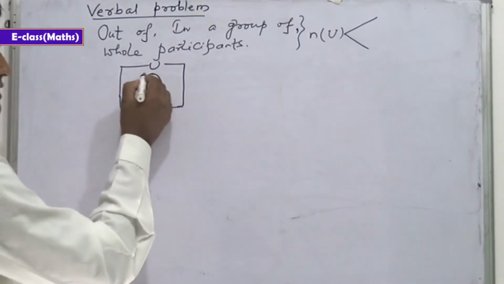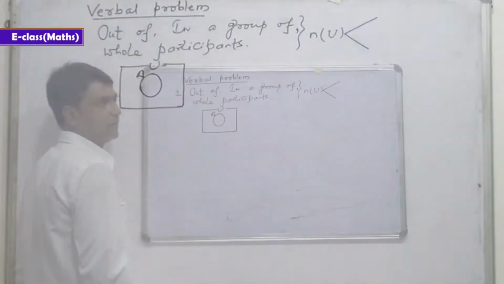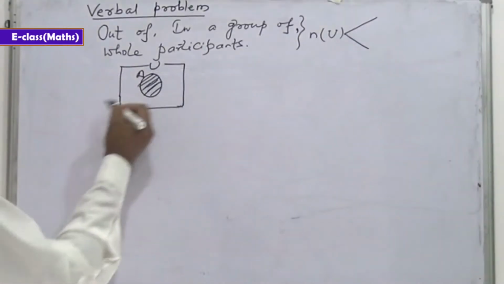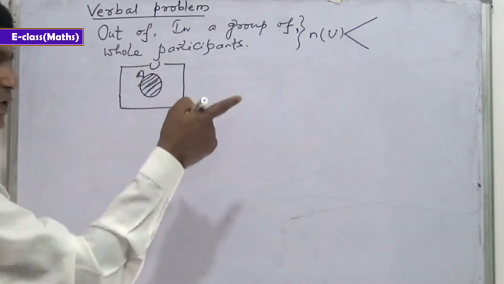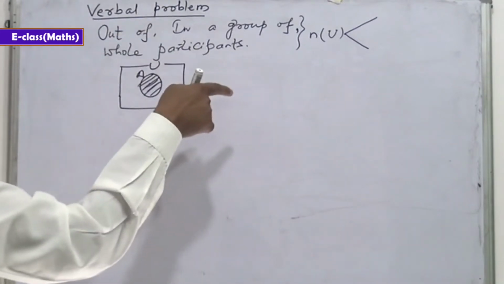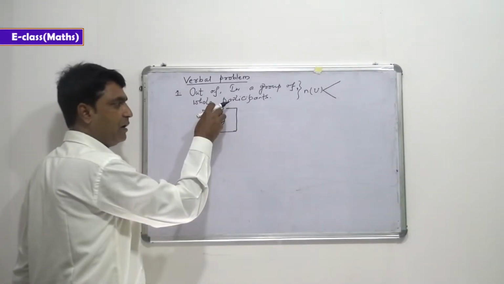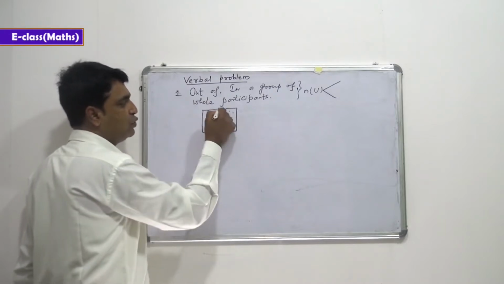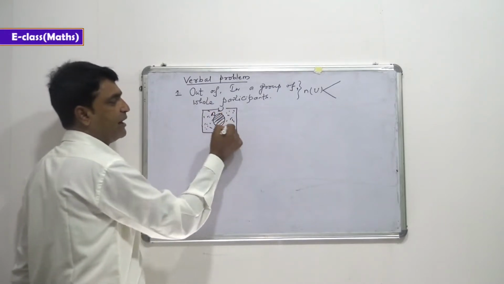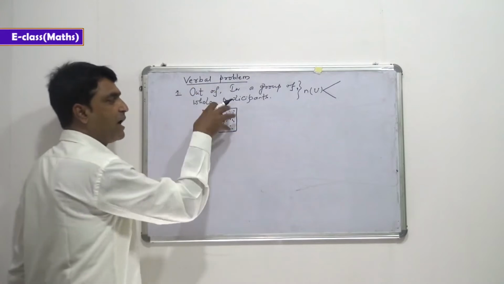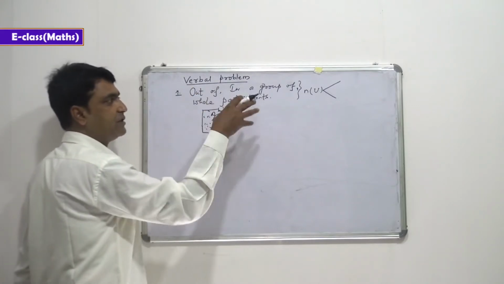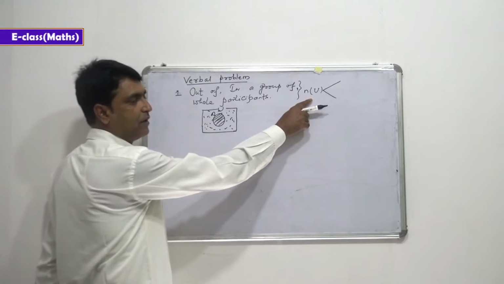If I take a set A only, and these elements of set A as well as those elements which are not in set A, except these portions, when these two different portions are added together, we will get the entire rectangular portion. That entire rectangle is considered as N of U.